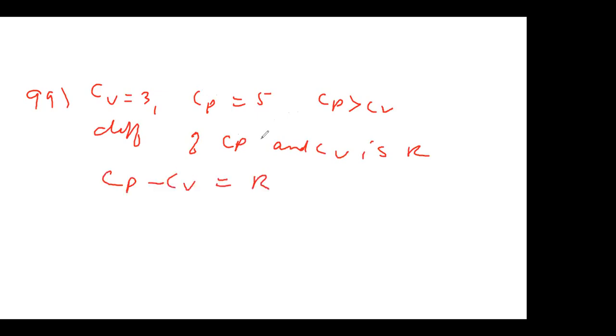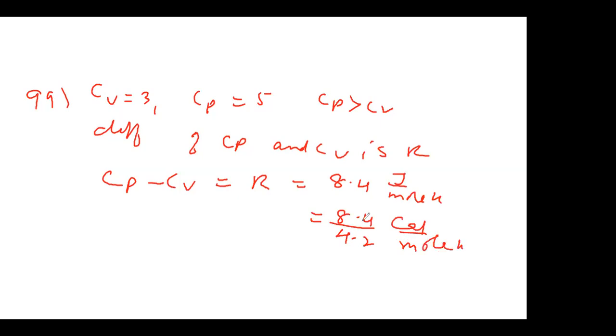Cp should be bigger, and the difference should be R. The value of R is 8.4 in terms of joules per mole Kelvin, but they have given it in calories. So for calories, we divide by 4.2. This becomes calories per gram mole Kelvin. So 2. That means Cp minus Cv should be 2 in CGS units and Cp should be bigger.